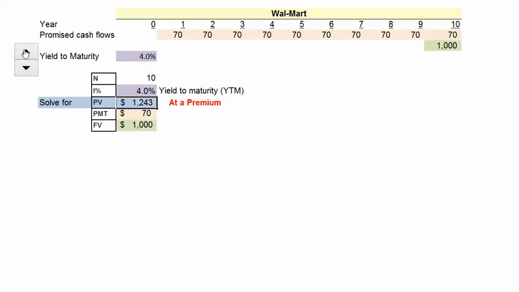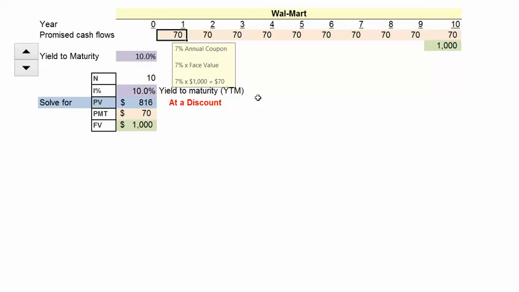If, on the other hand, for some reason we weren't willing to lend money to Walmart at 4% or 5%, but we required a 10% rate of return, then this bond doesn't look like a very good investment since it only has a $70 or 7% annual coupon.